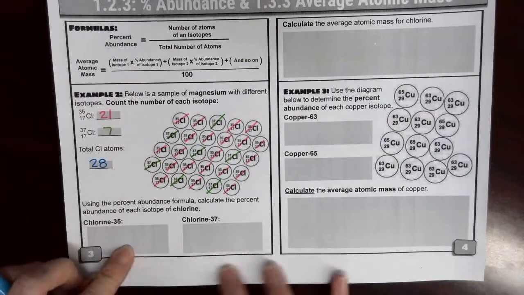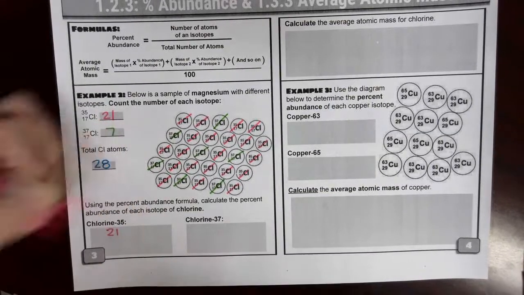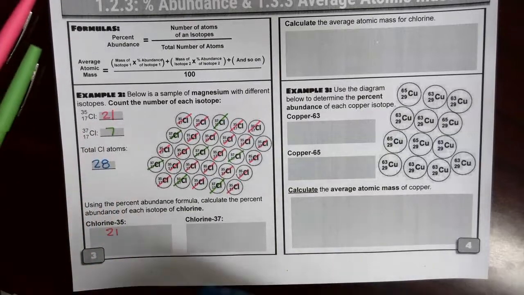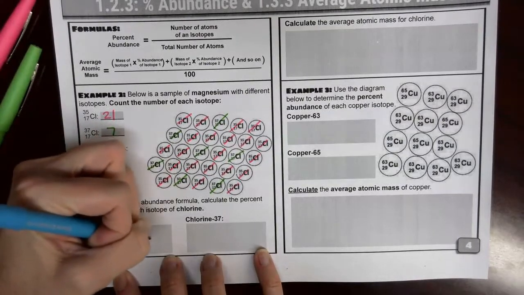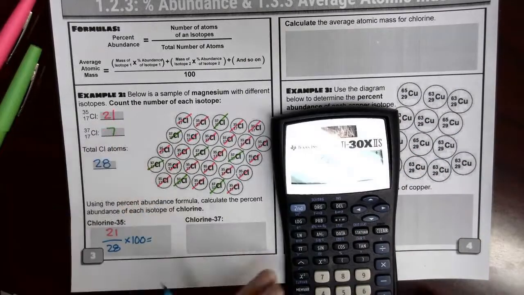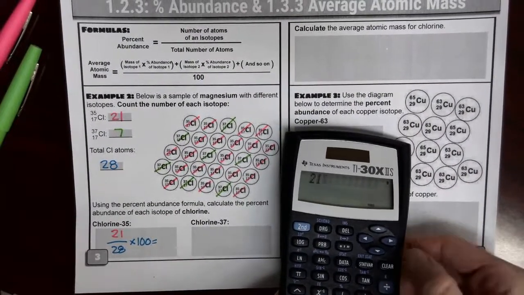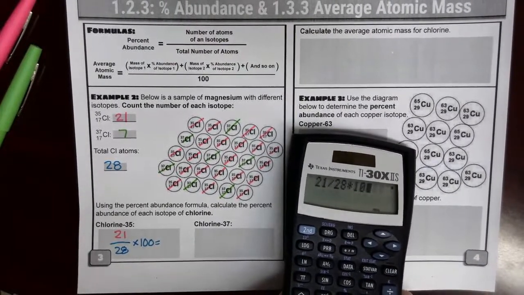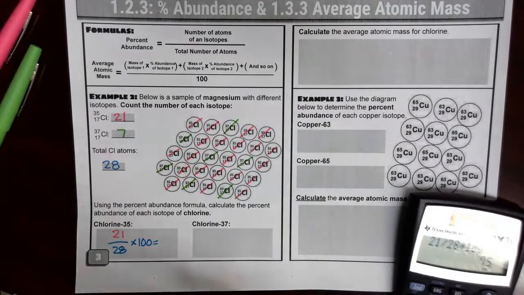So I'm going to do my percent abundance, which remember is the number of atoms divided by the total number times 100. So 21 of isotope 35, dividing it by 28 times 100. Put that into my calculator. So 21 divided by 28 times 100, and I get 75%.